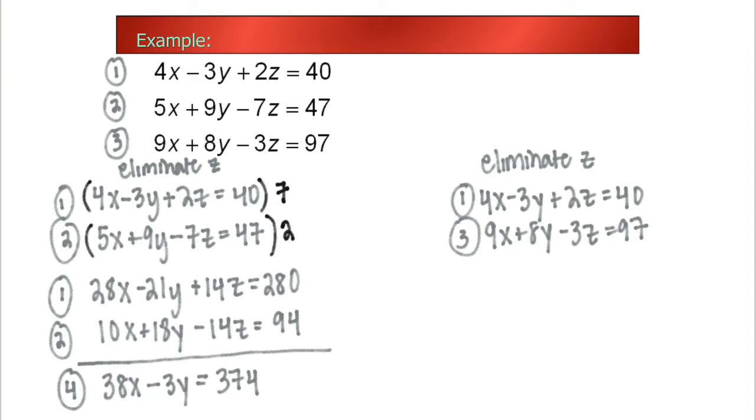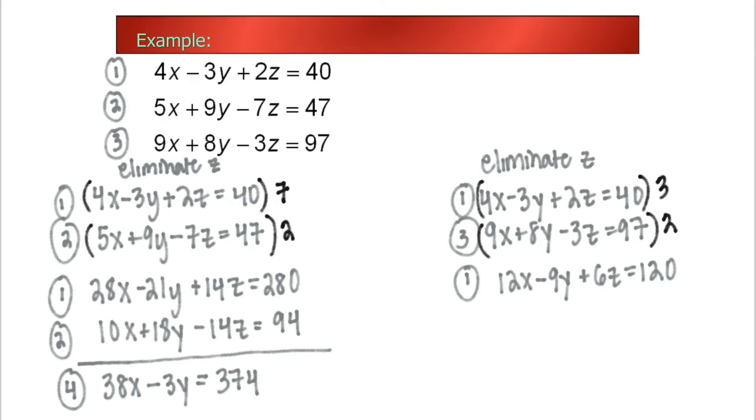We're going to multiply the first equation by 3 and the second equation by 2. So number 1 becomes 12x minus 9y plus 6z equals 120. And equation 3 becomes 18x plus 16y minus 6z equals 194.